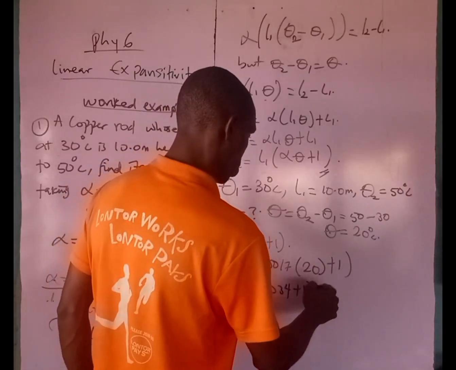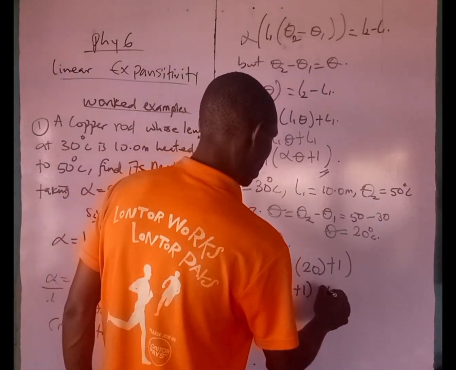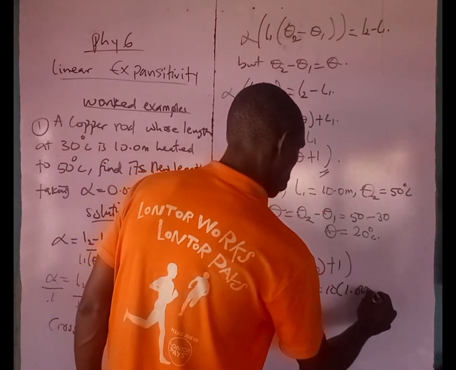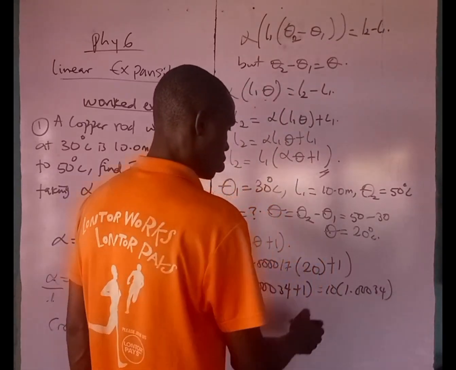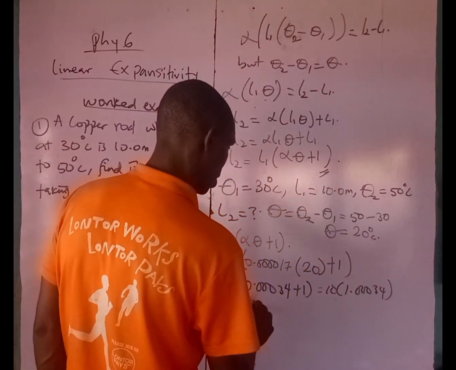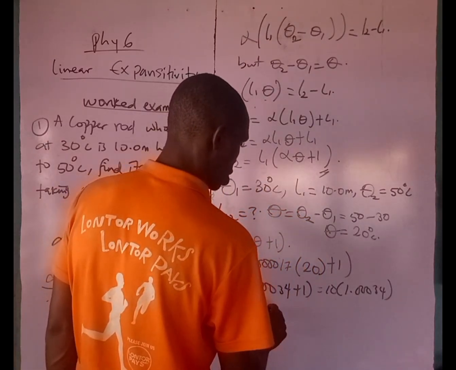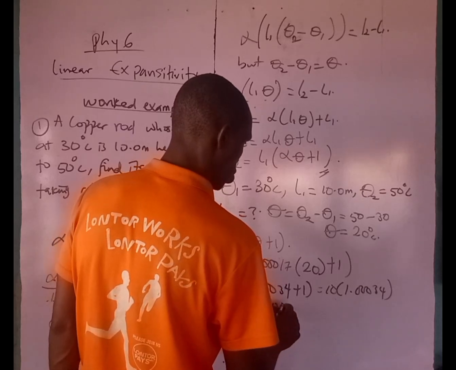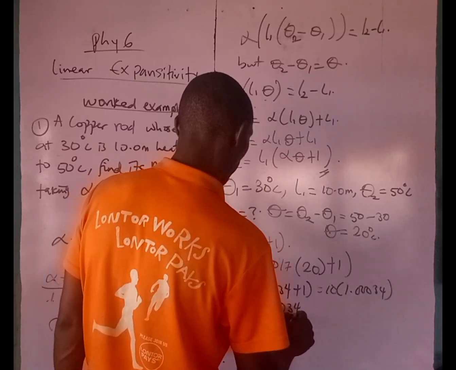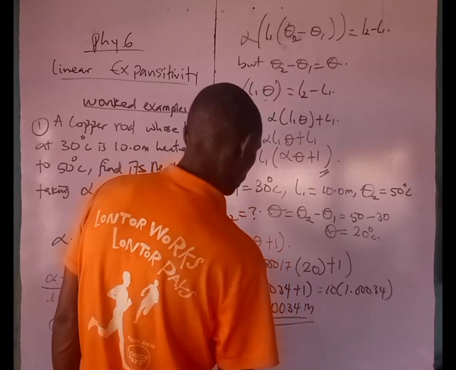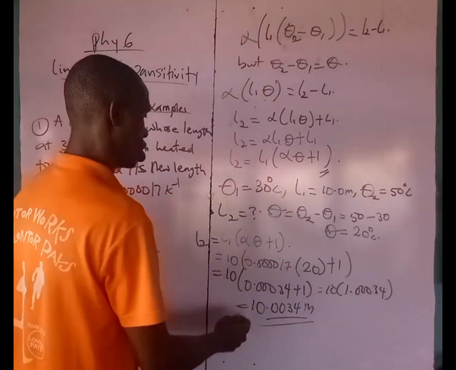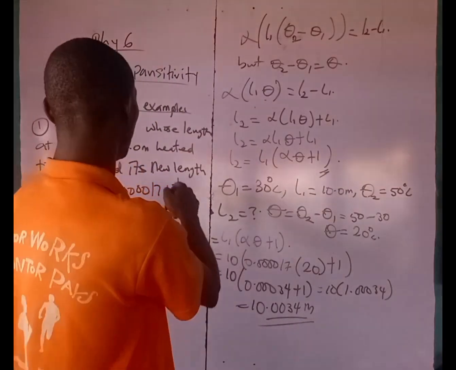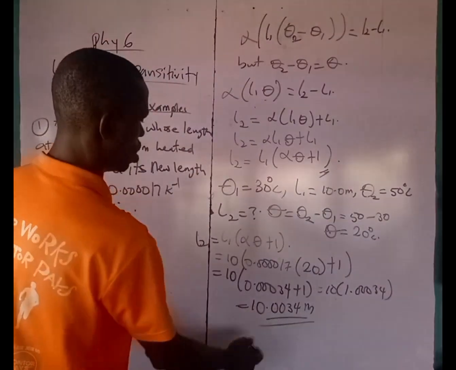So add 1, then you have 10 into 1.00034. So by the time you use 10 to multiply this, you have 10.0034 meter. So this is the increase. This is the L2, the new length.